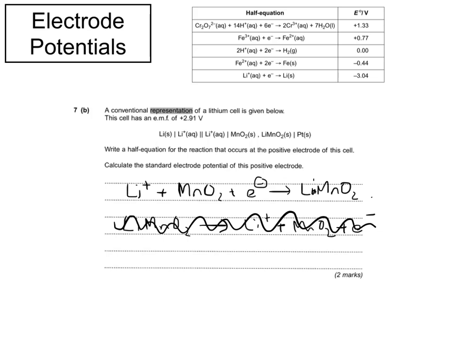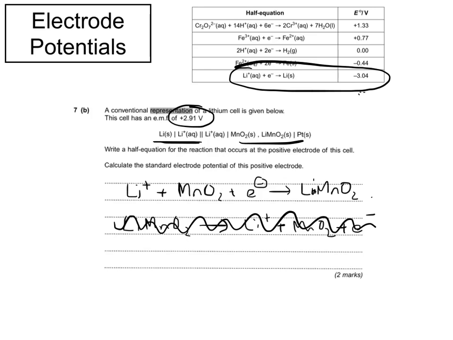And then it says calculate the standard electrode potential of this positive electrode. So if the EMF is plus 2.91, and we can look up the electrode potential of this cell here, which is minus 3.04, the difference between the electrode potential of the right-hand electrode and the electrode potential of the left-hand electrode has to be plus 2.91. And we've got to take into account the electrode potential of the left-hand electrode is minus 3.04.